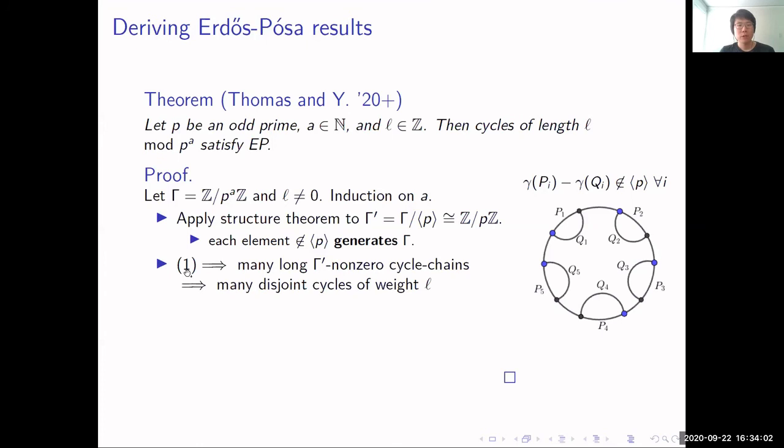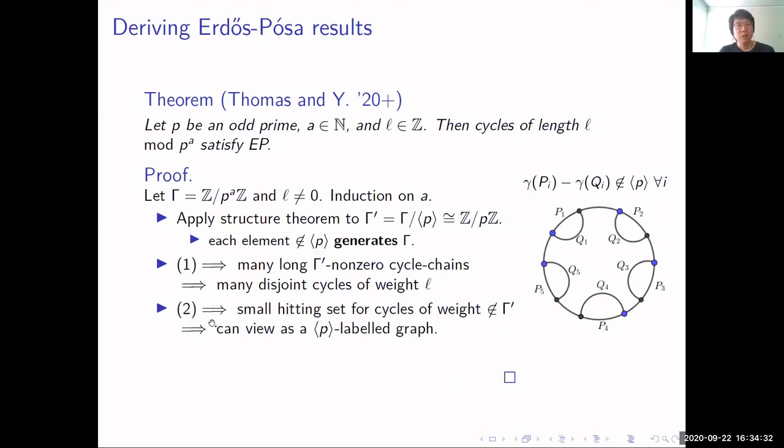So in the first outcome, we can again find this structure, but the weights of P1 and Q1 are different in the quotient group, which means that the difference is not in the subgroup generated by P. All of these differences are generators of the whole group, which means we can find many disjoint cycles of our desired weight.